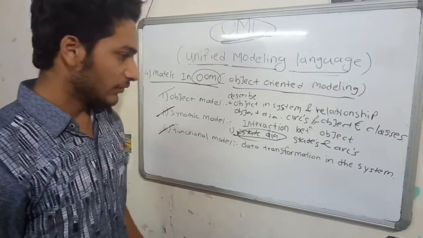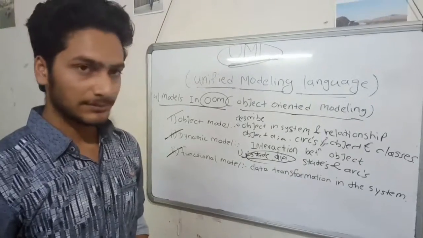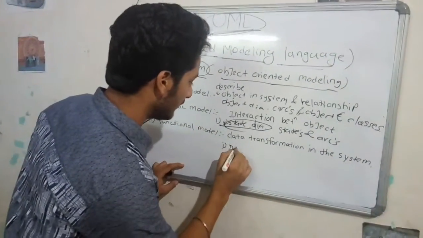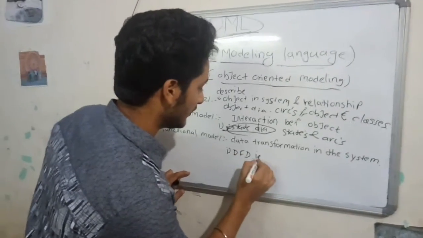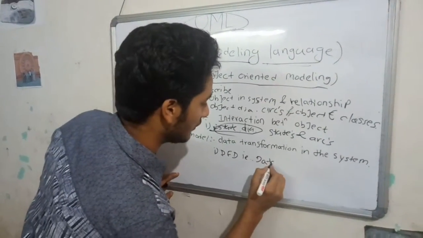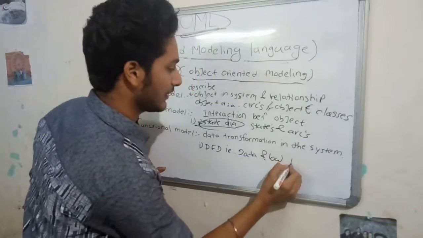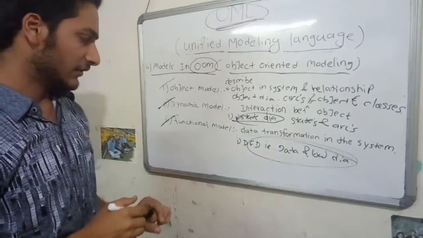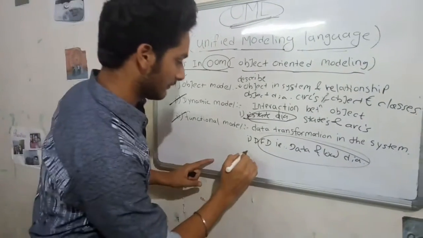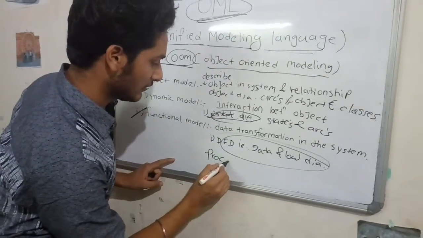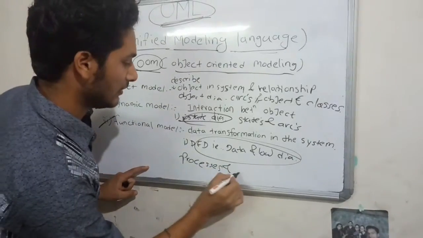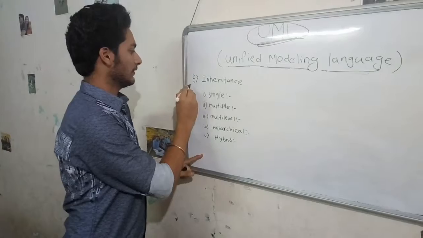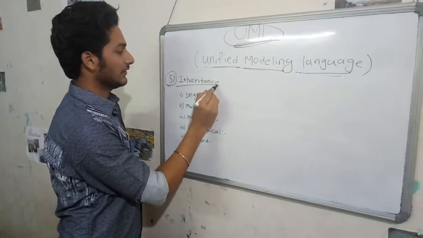It describes the data transformation in the system. The functional model deals with the DFD, that is the data flow diagram, which consists of processes and arcs.